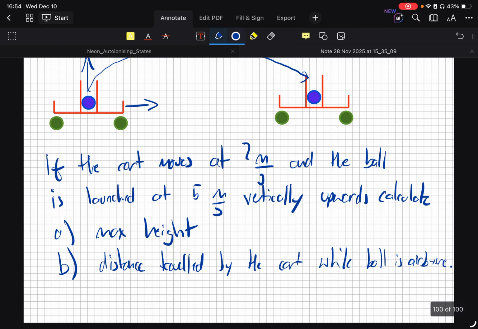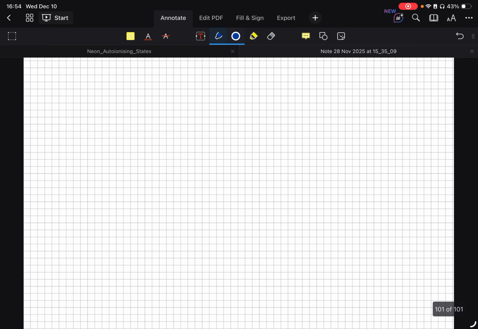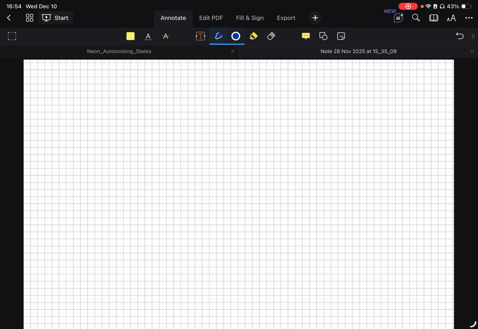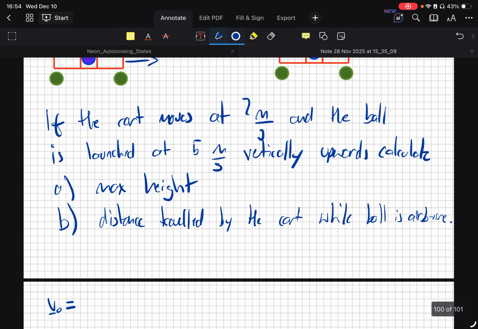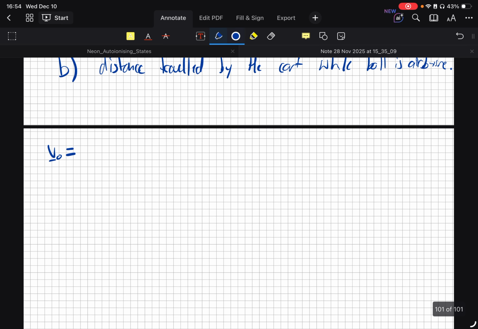Okay, so let's get about solving this then. So we're told that our initial velocity is given by, so our velocity initially, well, we have a horizontal component of 2 meters per second and a vertical component of 5 meters per second.